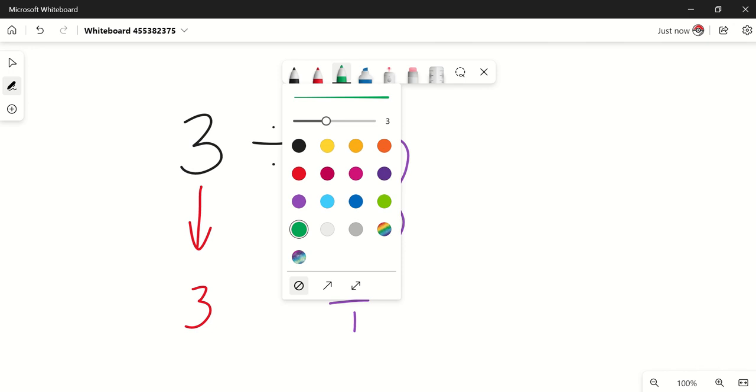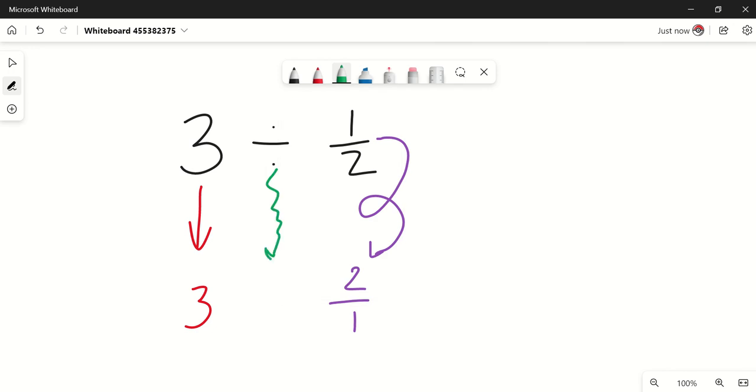And the division symbol becomes multiplication. So these little arrows are what I use to teach students. So we drop the first number down, we change the division symbol to multiplication by shaking it up, and then we flip the divisor, the number we're dividing by, and we flip that fraction to become 2 over 1.